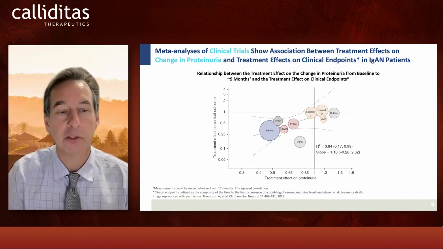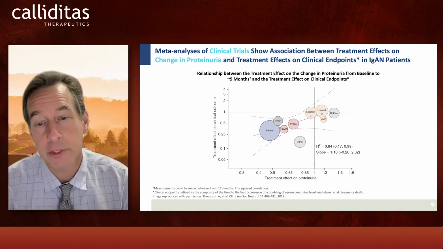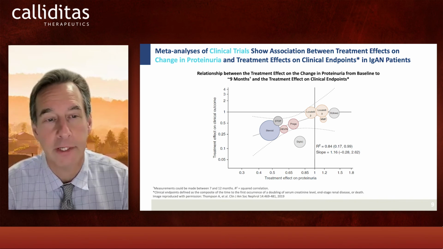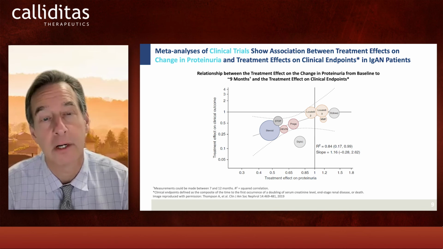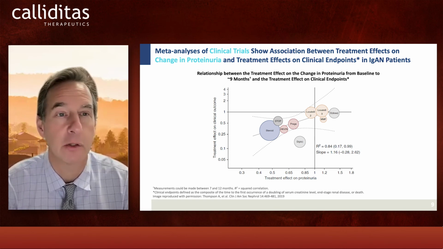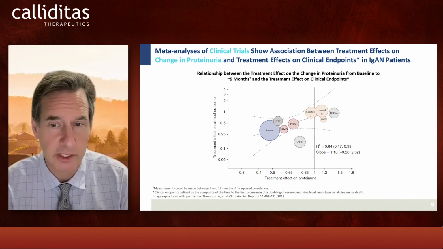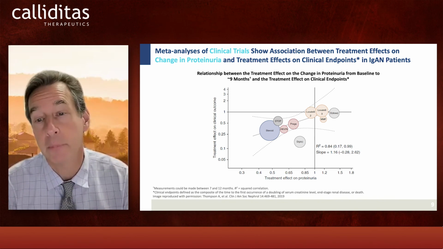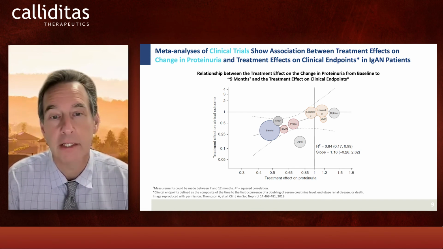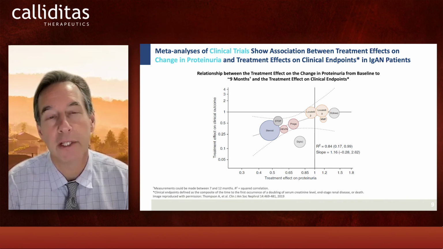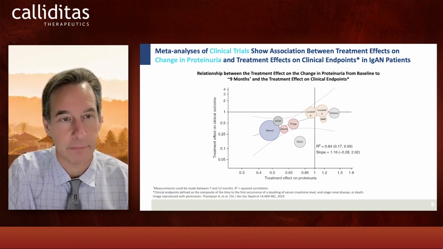And so statistically, when you look at the relationship between the treatment effect on proteinuria and the treatment effect on hard clinical outcomes of kidney failure or a 50% loss in kidney function, that relationship becomes very statistically significant, with a predictable line that develops. And there is some variability study to study, but the relationship holds up and appears to be very strong.